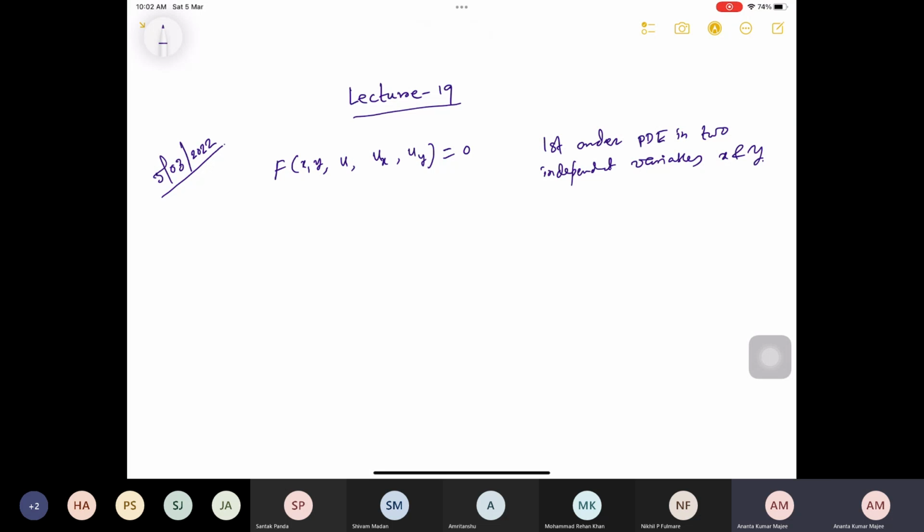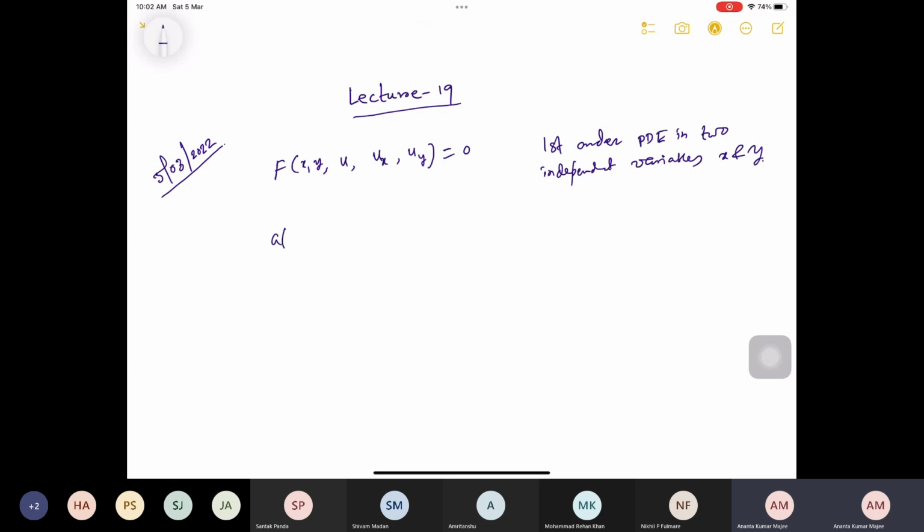Quasi-linear PDE means that, since it is first order, the coefficients of ux and uy are in general functions of x, y, and u, not a function of ux.